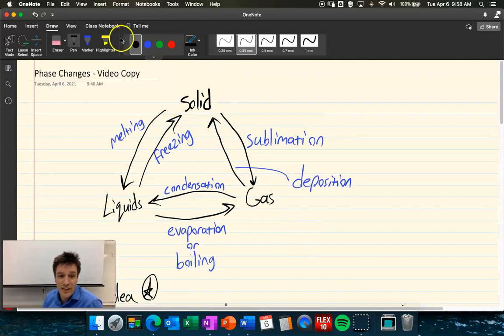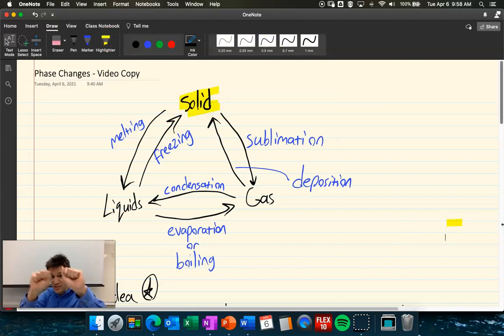If you have a solid here, particles are sitting there, stuck in place, they're bonded to each other really tightly. You heat them up. You know that when you heat up ice, it's going to melt. Well, what's really happening is you're giving those particles more kinetic energy, and eventually they have enough kinetic energy to break free of their places. They can move around. They're still touching each other, right?